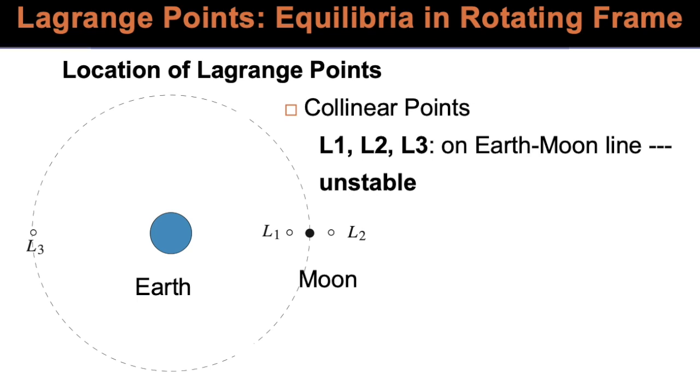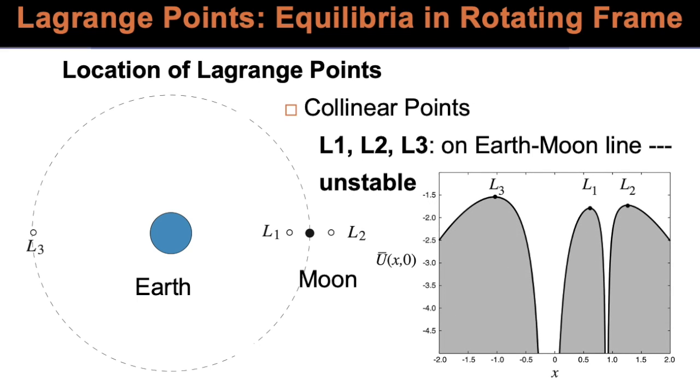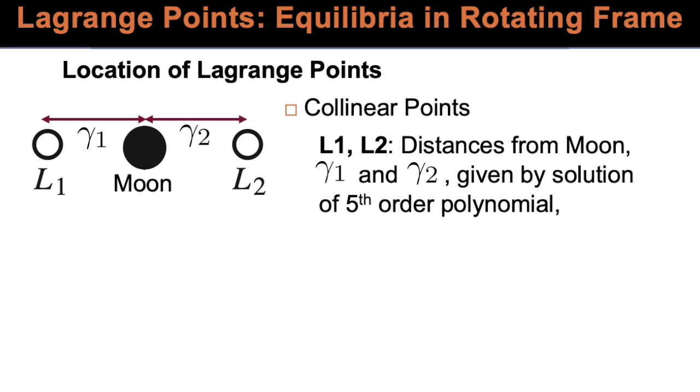And these points, L1, L2, and L3, are all unstable. One way to find them is to look at that effective potential just along the x-axis. You get this plot, and the local maxima tell you where L1, L2, and L3 are. We mostly focus on L1 and L2.